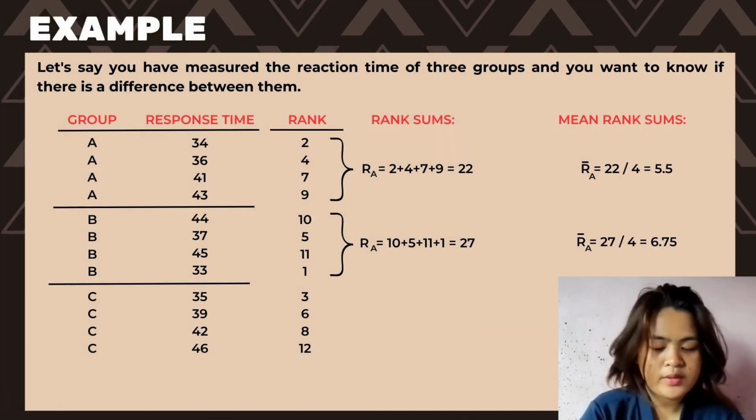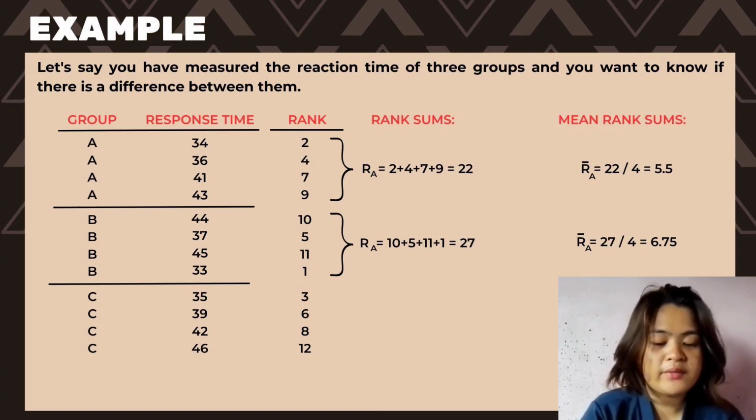Next slide po. We do the same for group B. We add the ranks, which is 10 plus 5 plus 11 plus 1 equals 27. To get the mean rank sum, 27 divided by 4, the number of members in group B, and the answer is 6.75.